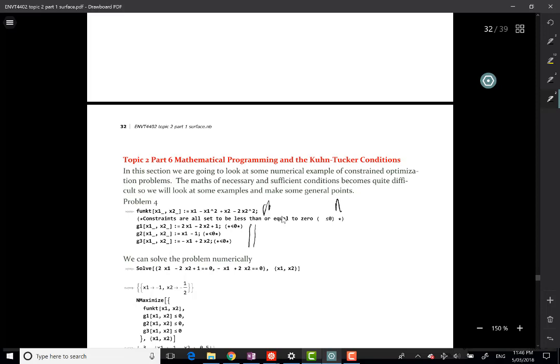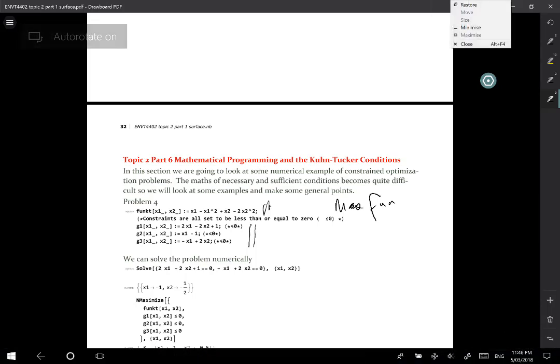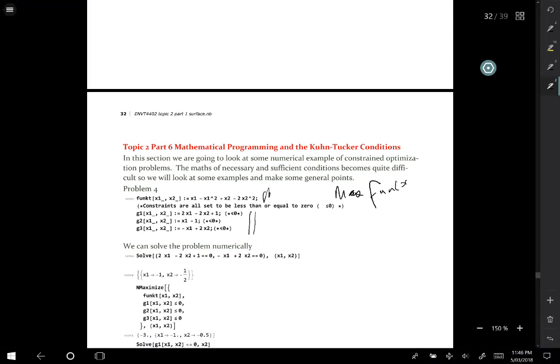So we're trying to maximize f, which is a function of x1 and x2, subject to g1, which is a function of x1 and x2, less than or equal to 0, and then g2 of x1, x2 less than or equal to 0, and g3 of x1, x2 less than or equal to 0.